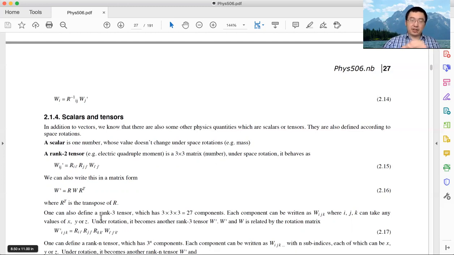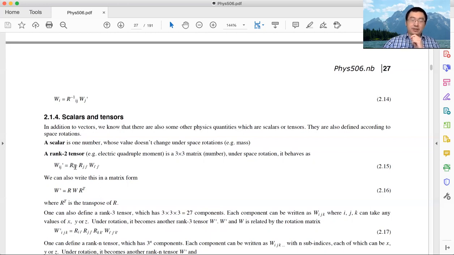This classification is actually based on how these physics quantities respond to space rotation. If we rotate the space, how does this quantity change? If a quantity does not change at all under spatial rotation, we call it a scalar. If the quantity changes exactly the same way as coordinates, we call it a vector, or rank 1 tensor.